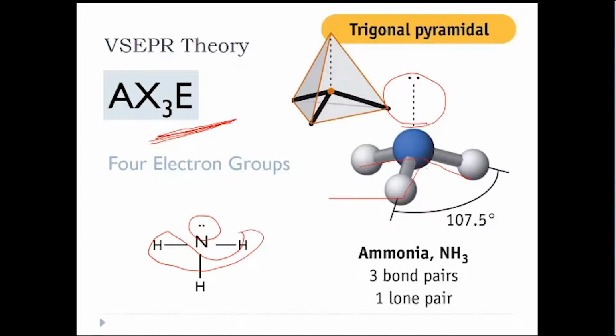This gives us a triangle, but it's not a triangle in the plane. The central atom, the nitrogen, sits higher up. We refer to this as a trigonal pyramid. So the shape of the ammonia molecule and any molecule with the VSEPR designation AX3E is trigonal pyramidal.